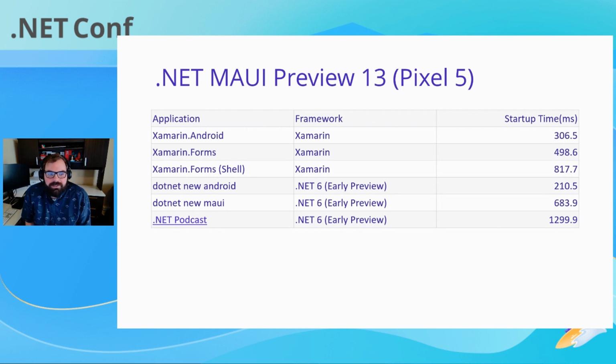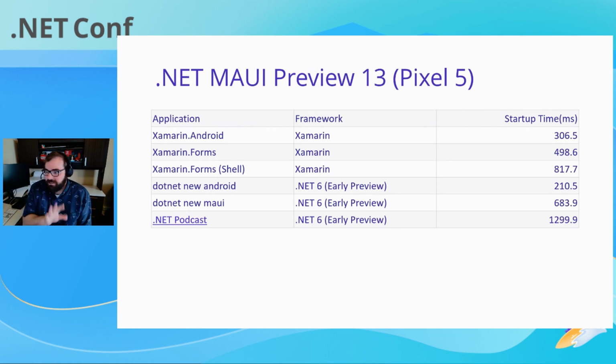And then we saw that going from a Forms template, the Maui template lies somewhere between two of the Forms templates. The blank template was quicker than the Maui template, but the Shell Forms template was slower than the Maui template. But obviously there's some work to do in Maui, the layer, to try to get everything matching, is what our goal was.